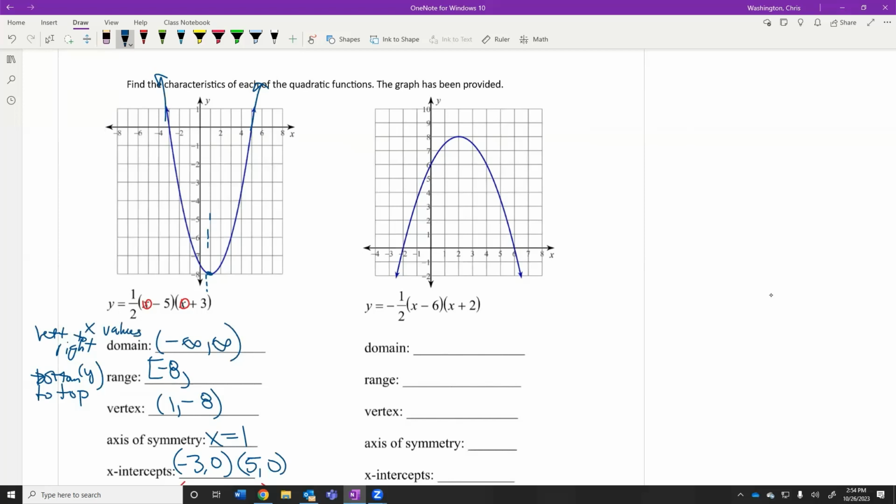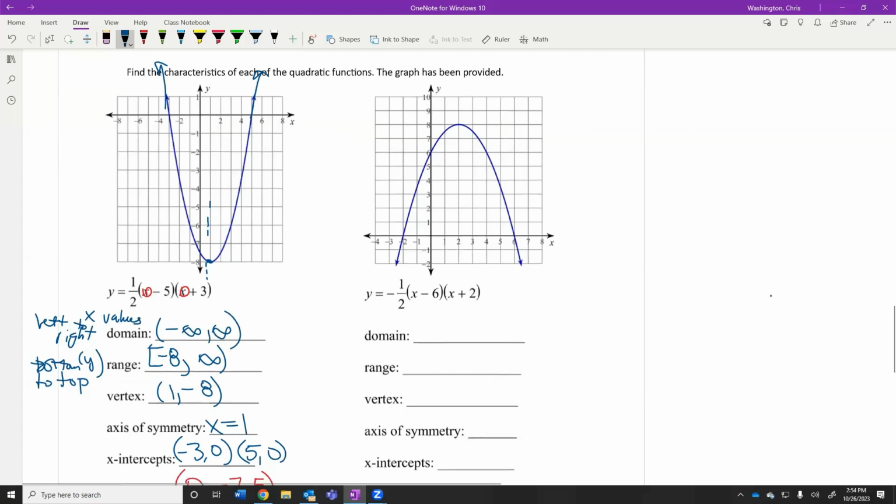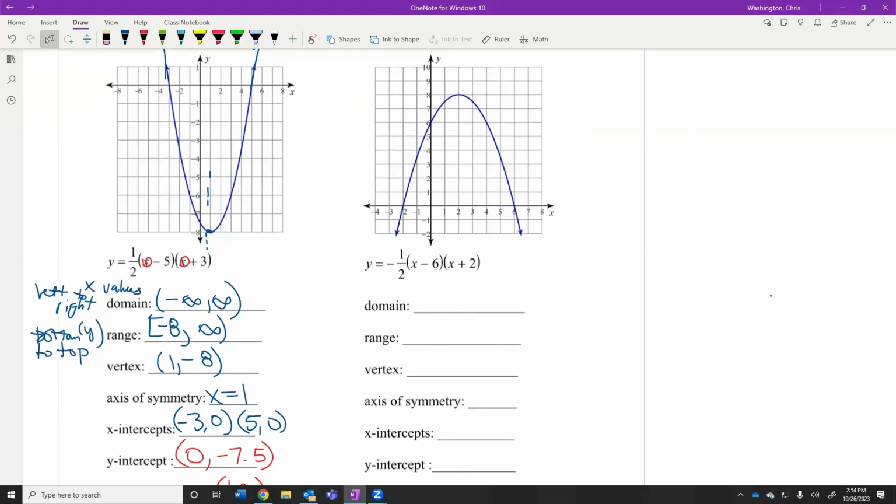How far can we go? We don't stop. We go all the way to infinity. So -8 to infinity. The range is the set of y values that we get out when we plug all these x values in. Plug any x value you want into this equation, and you'll never get a number smaller than -8. The number will be -8 or bigger.